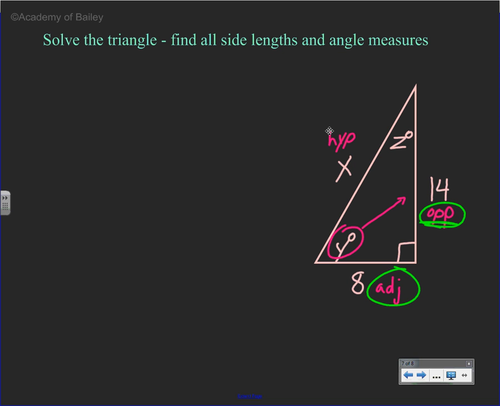So let me go ahead and do some work here. Oh, the hypotenuse is x squared, so we say 8 squared plus 14 squared is equal to x squared.